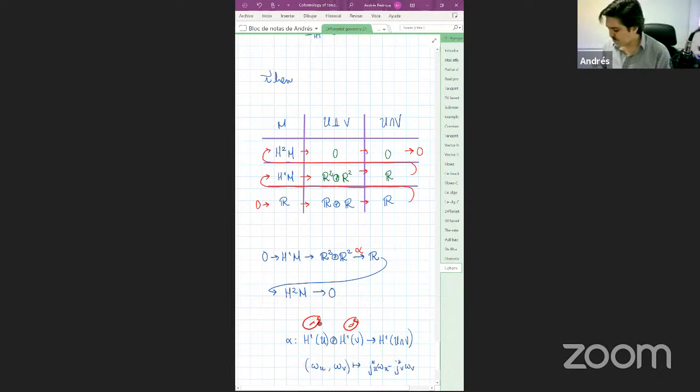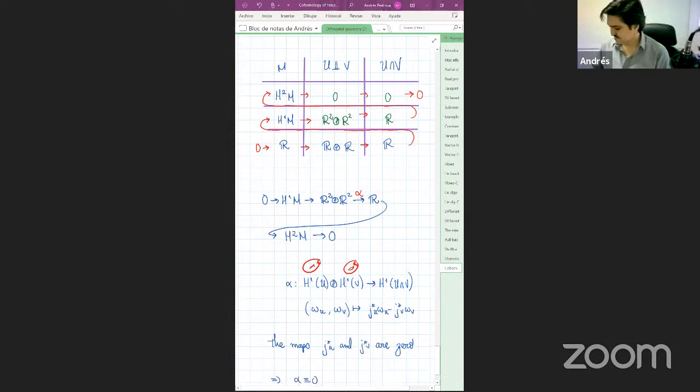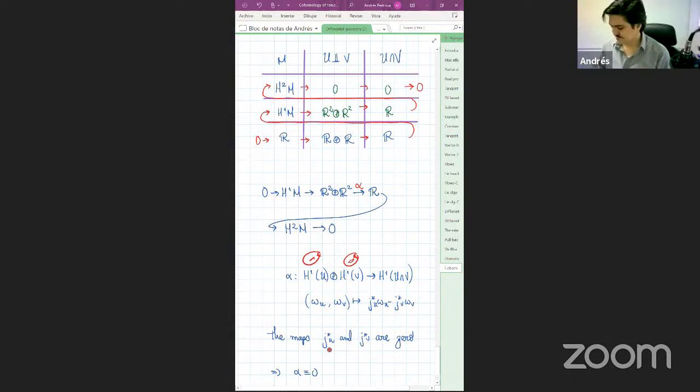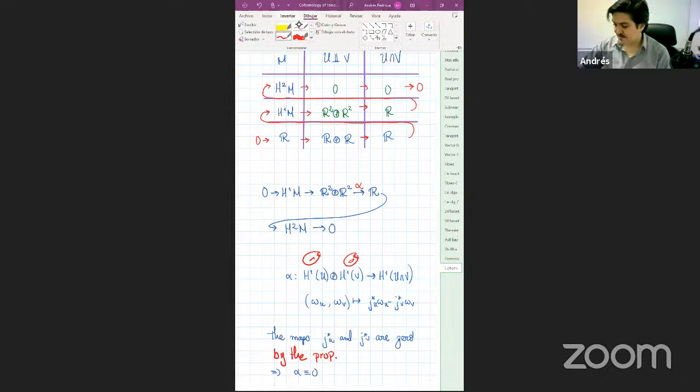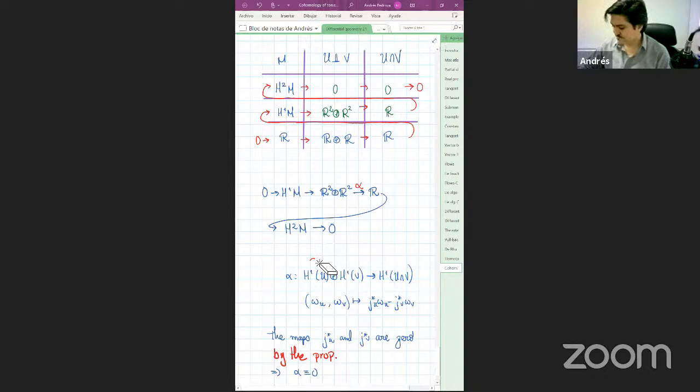So by the proposition, the maps JU and JV are 0 in degree 1. And this is my proposition. So that means that the map alpha, that linear map, has to be 0.